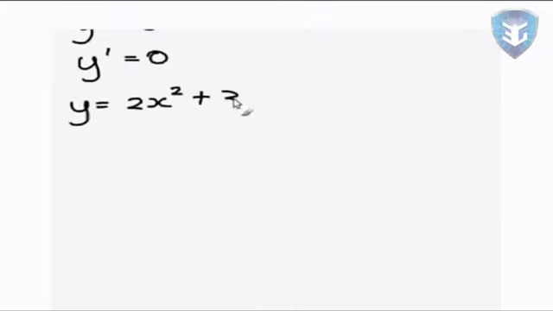What about when you've got more than one term in your equation? So here we've got 2x squared plus 3x plus 4. Now 3x is like 3x to the power 1, so I'm just putting that in there to make it a bit easier.